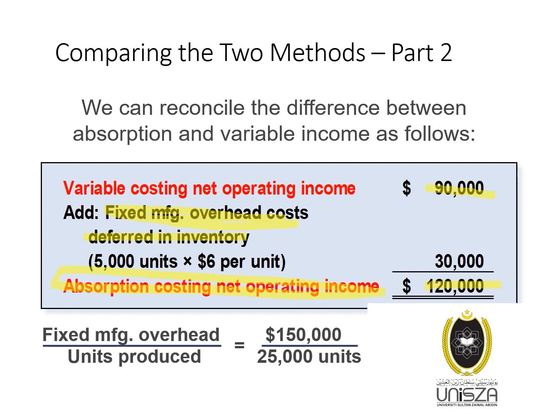How do we get 6? We already calculated it in the previous slide, but let me show you again. The fixed manufacturing overhead divided by units produced, 150,000 divided by 25,000, and the fixed manufacturing overhead cost per unit is 6.